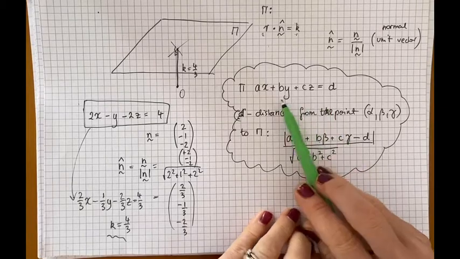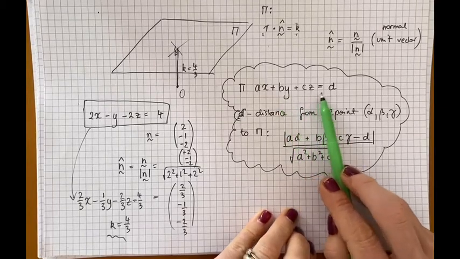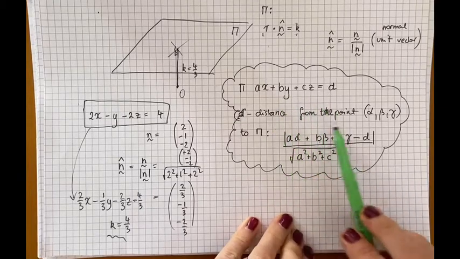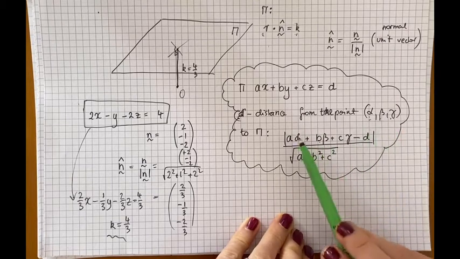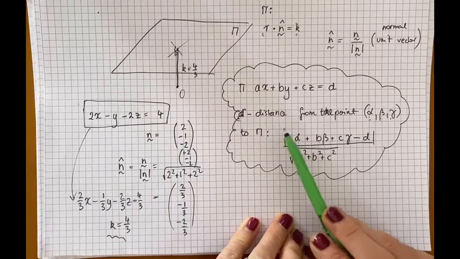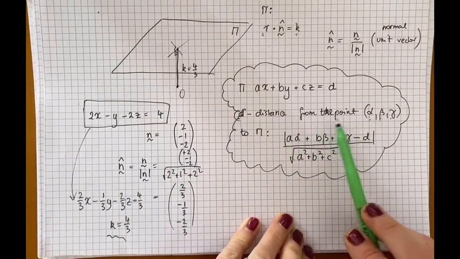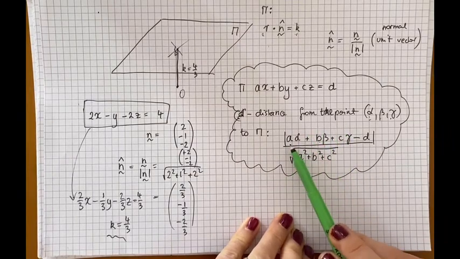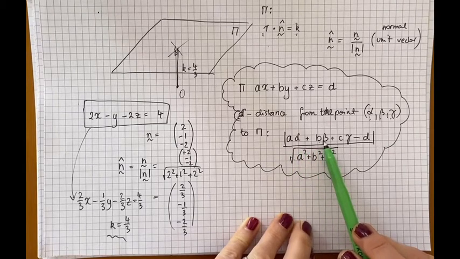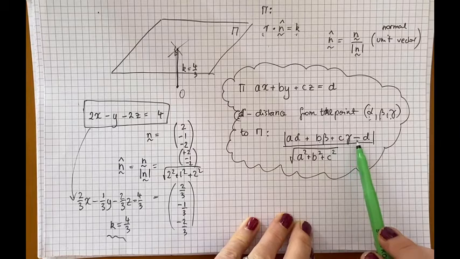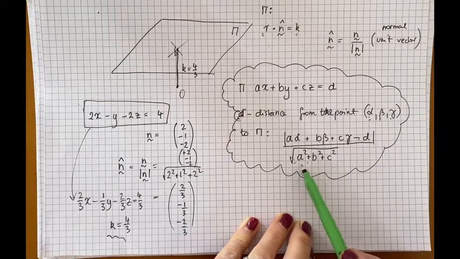There is the plane ax plus by plus cz is equal to d, and we are going to look at the point with the coordinates alpha, beta, gamma. Then the distance of that point to the plane is equal to a alpha plus b beta plus c gamma minus d over the length of that normal.